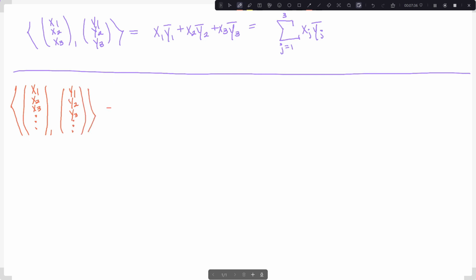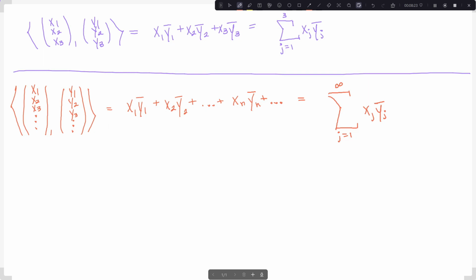Their inner product in infinite dimensions can be written as x1, y1 conjugate, plus x2, y2 conjugate, plus dot, dot, dot, plus maybe the nth case, plus dot, dot, dot, which I can represent as a series as well. j equals 1 to my dimension, which happens to be infinite here, x sub j, y sub j conjugate.